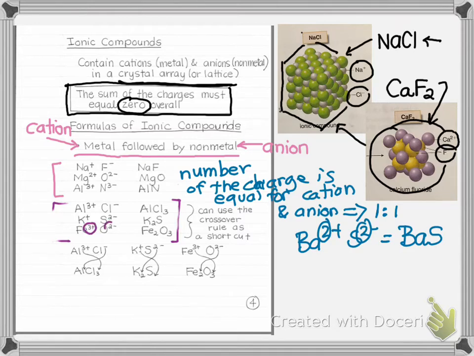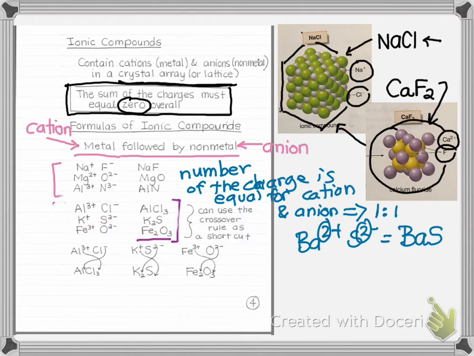If this is a 3 and this is a 2, the first number that a 3 and a 2 have in common would be 6, right? Because a 3 and a 2 won't cancel. So if I had 2 of these, that would give me 6, and 3 of those, it would give me 6, and so the formula is Fe2O3.